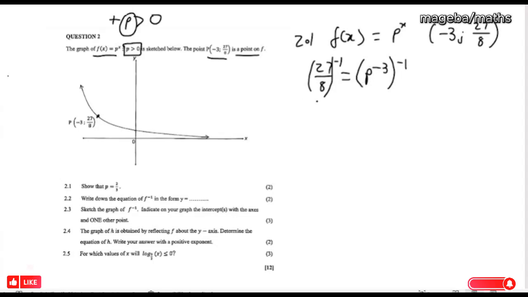So here this is just going to be 8 over 27, and this is going to make p to the power 3. I hope you understand that one.